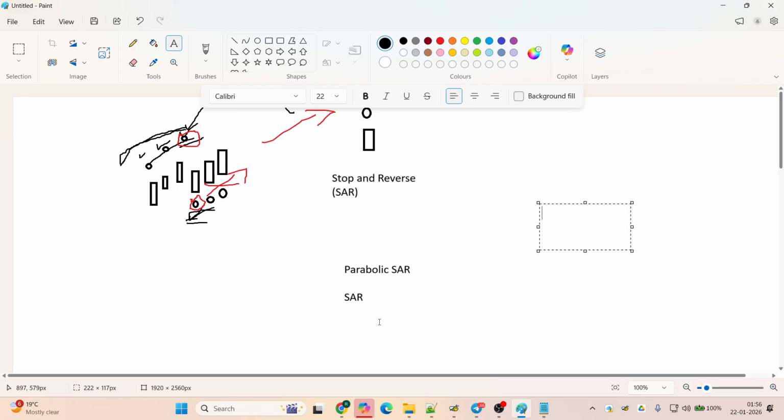So if we have a candle like this, okay, say for example, let's say we have a candle like this.